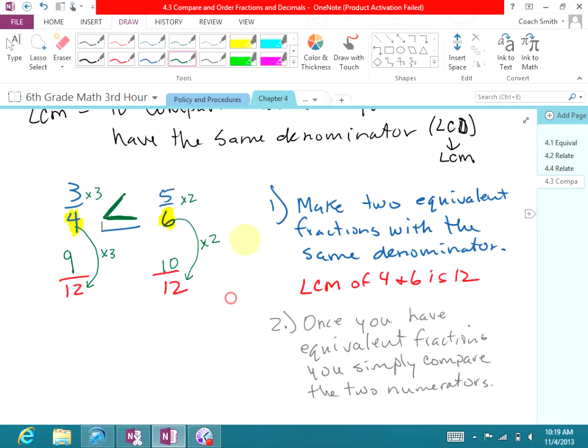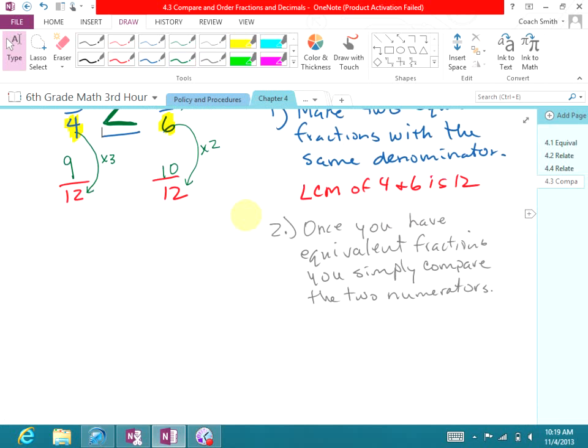All right? So let's look at two more. 2 4/9 and 2 1/2. The fact that these are mixed numbers have no bearing on how you do it. You still do it the same way. You've got to make two equivalent fractions with the same denominator.